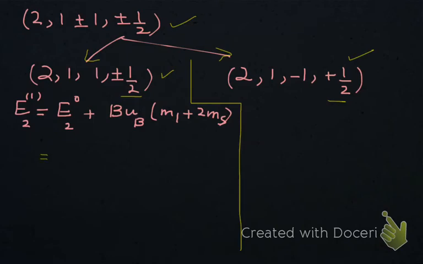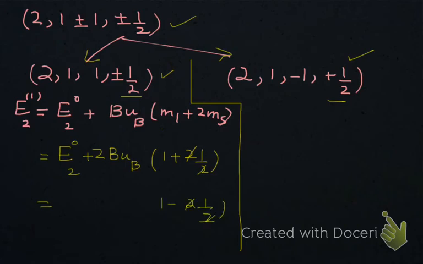It will be equal to ml equal to 1 plus 2 into half. We have 2. For plus half we have 2 mu b, and for minus half we have 1 minus 2 into half, 1 minus 1, 0.